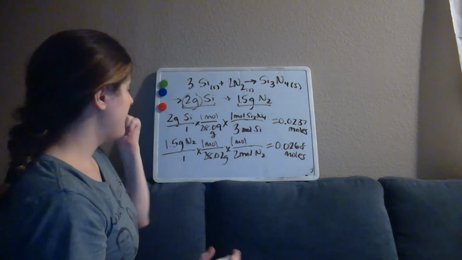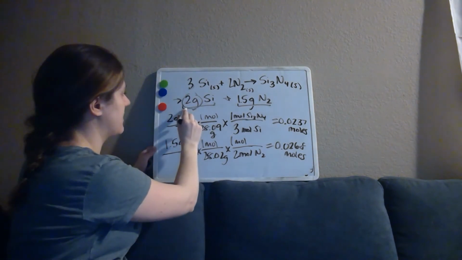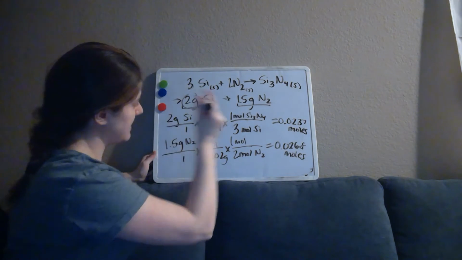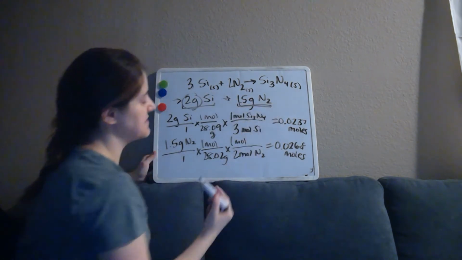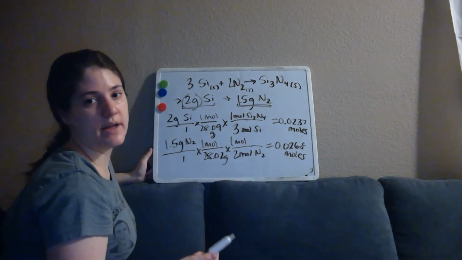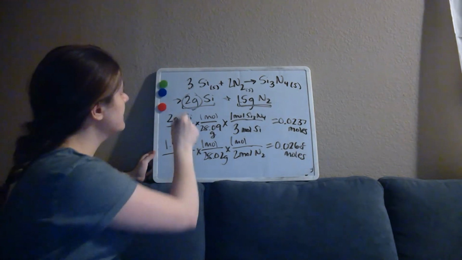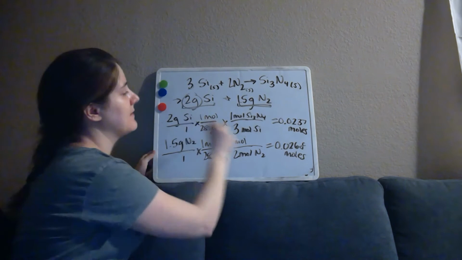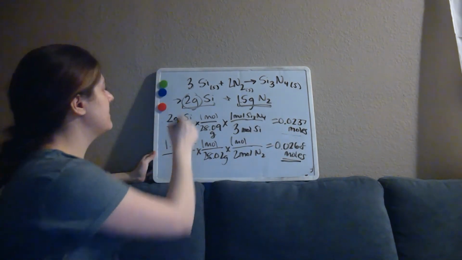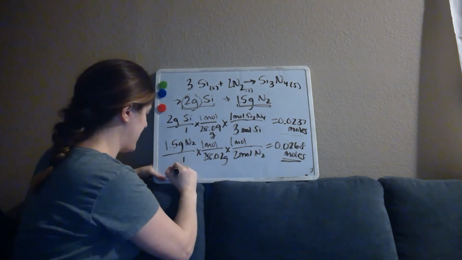So if all of the 2 grams of silicon react, we make 0.0237 moles of product, and if all of the 1.5 grams of nitrogen react, we'll make 0.0268 moles of product. So silicon is able to make less product than the nitrogen, so silicon would be the limiting reagent.